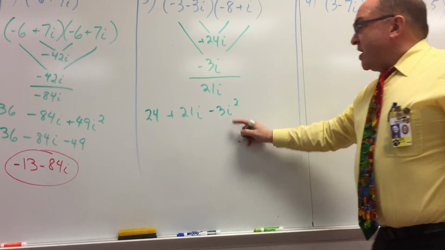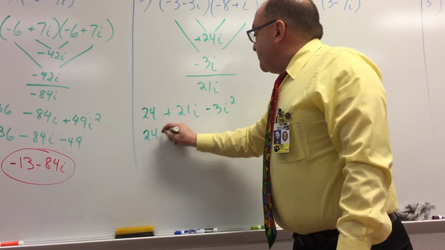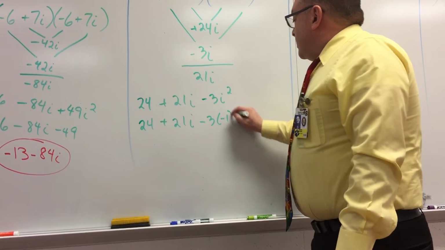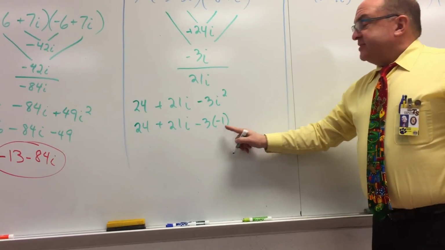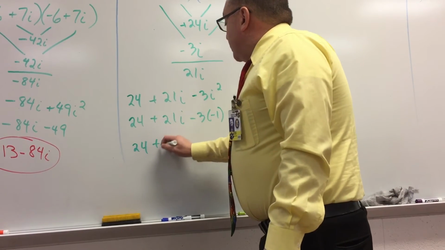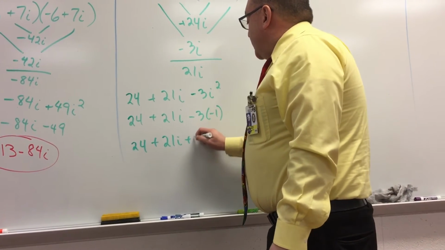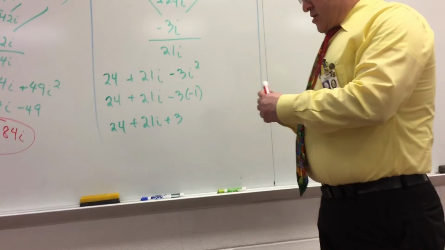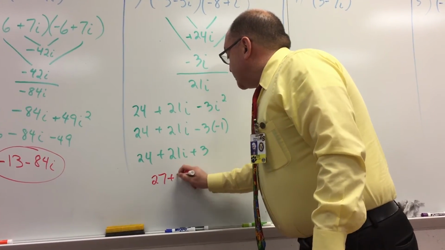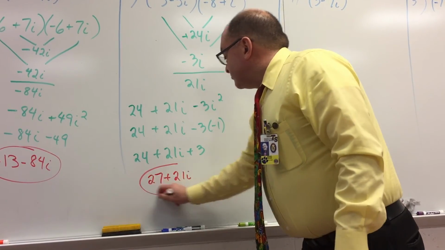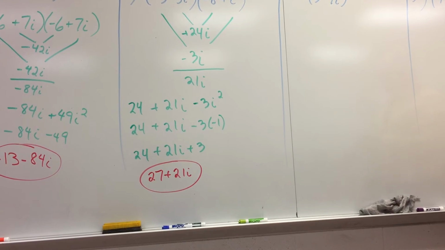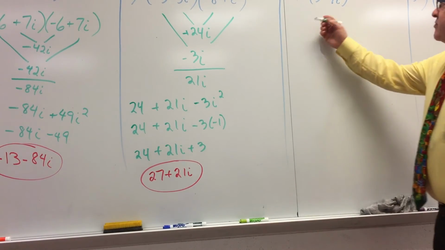Instead of i squared, I'm going to put in negative 1. Okay? Negative 3 times negative 1 is a positive 3. So 24 plus 21i plus 3. You get 27 plus 21i. Easy. Okay?